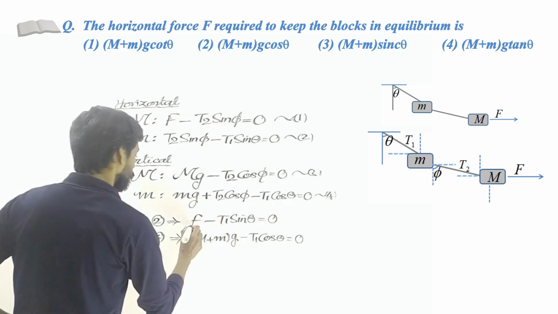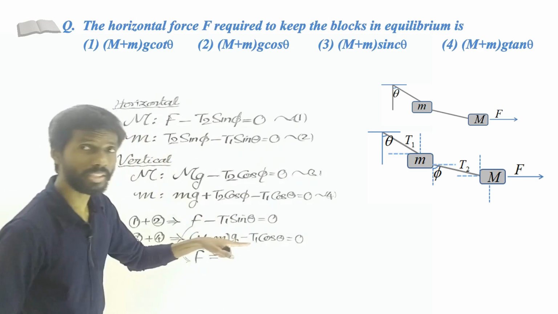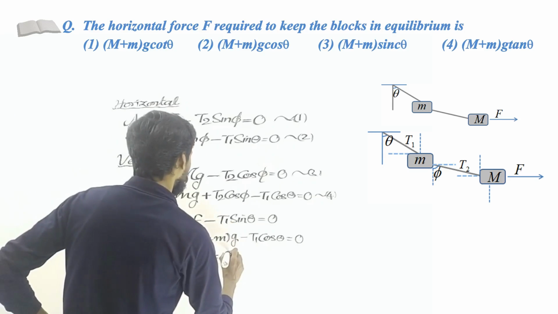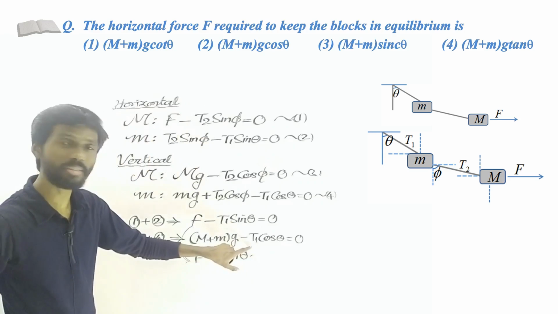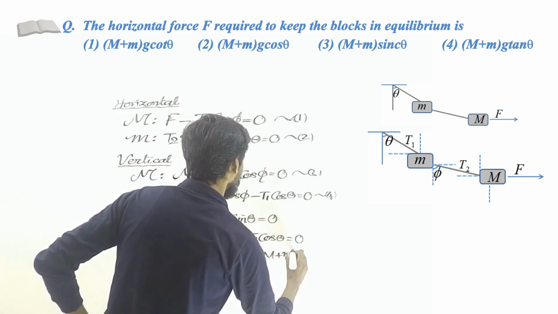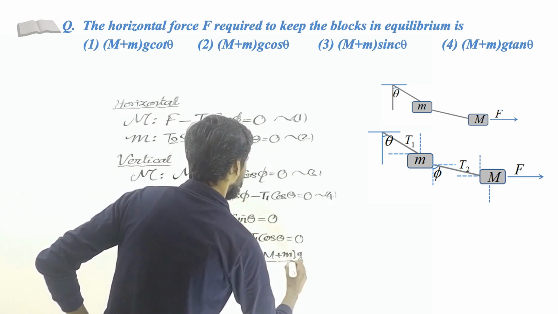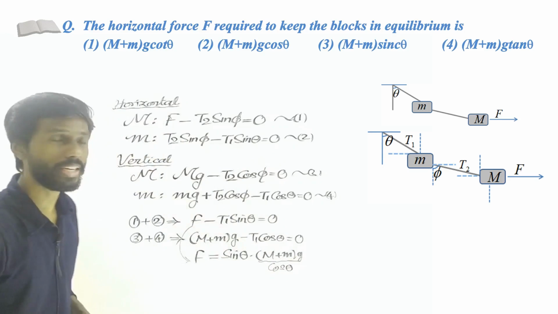So this becomes F equals T1 sin theta, that means sin theta multiplied by T1. But T1 can be written from this. So what is T1? It is M plus mg divided by cos theta. That's all. So that is the required answer, right? So sin theta by cos theta can be written as tan theta.